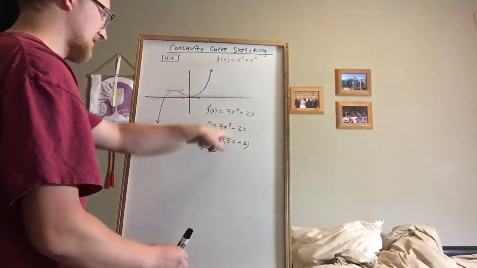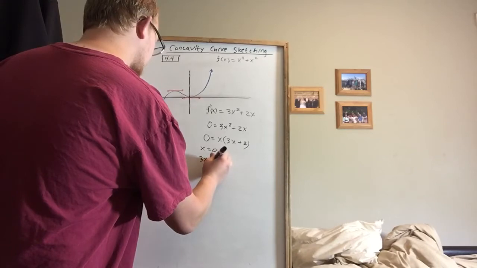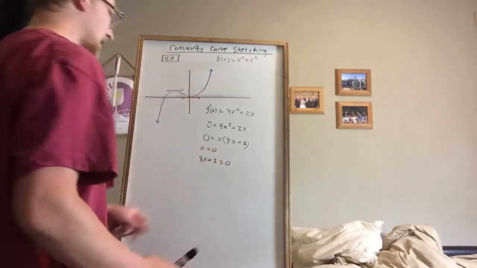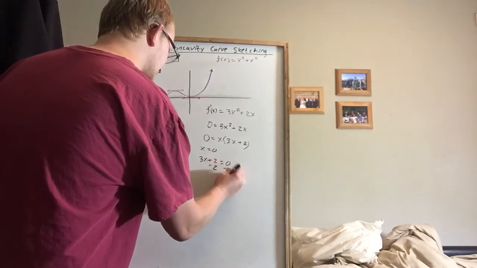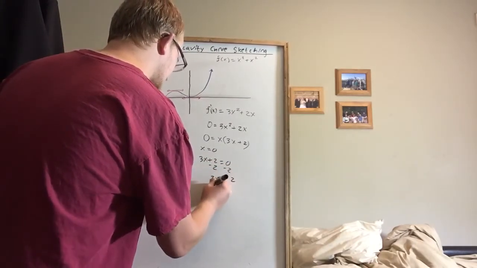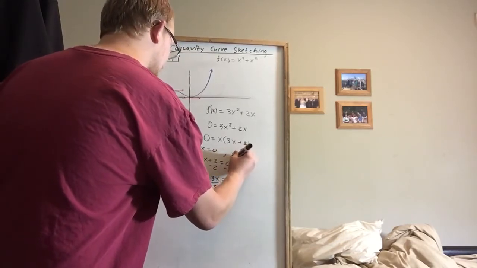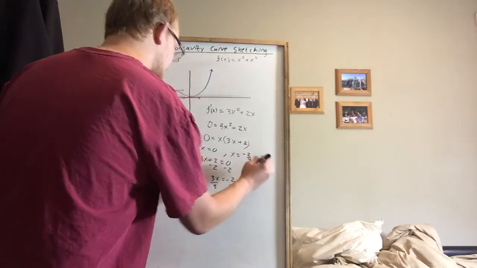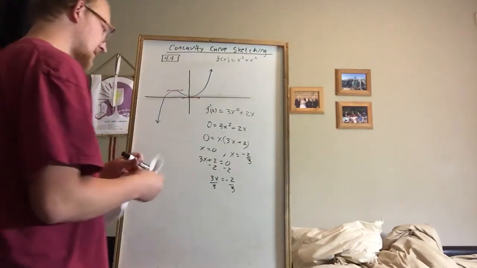And the other is when 3x plus 2 equals 0, so we'll solve for that. 3x equals minus 2, divide by 3, so our other critical point is x equals minus 2/3. And that's how we solve for critical points.